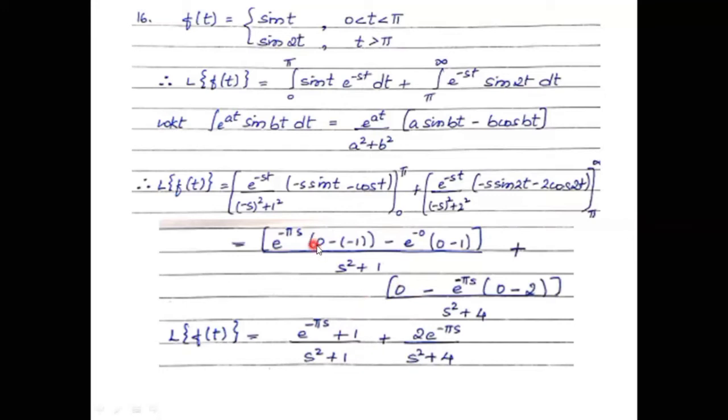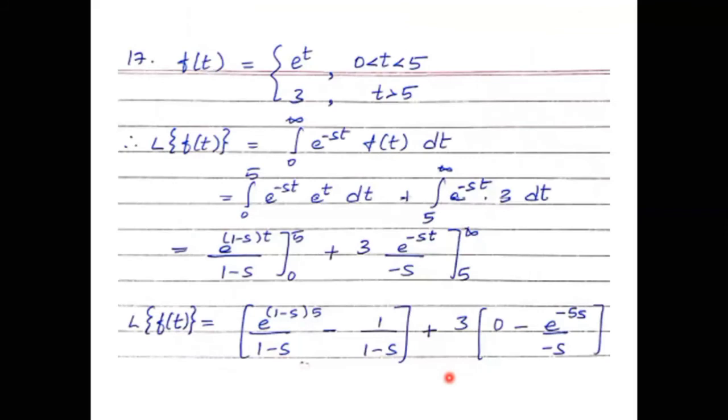See here, minus into minus is plus, e power minus pi s; here e power 0 is 1, minus into minus is plus 1, e power minus pi s plus 1 by s square plus 1, plus minus into minus is plus 2 e power minus pi s by s square plus 4. So this is how we'll get.